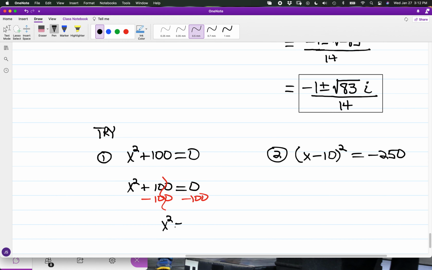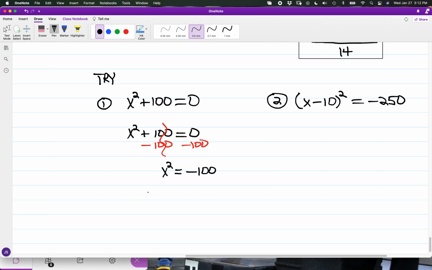So we have x squared is equal to minus 100. Going from x squared to x with the square root property of equality, I have x equal to plus or minus the square root of negative 100, and the results will be two complex solutions. In this case, we're going to have positive and negative 10i.